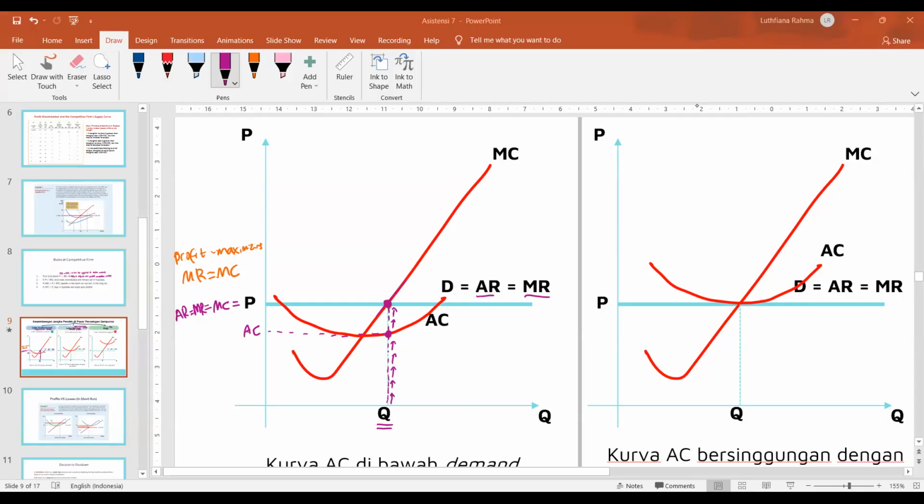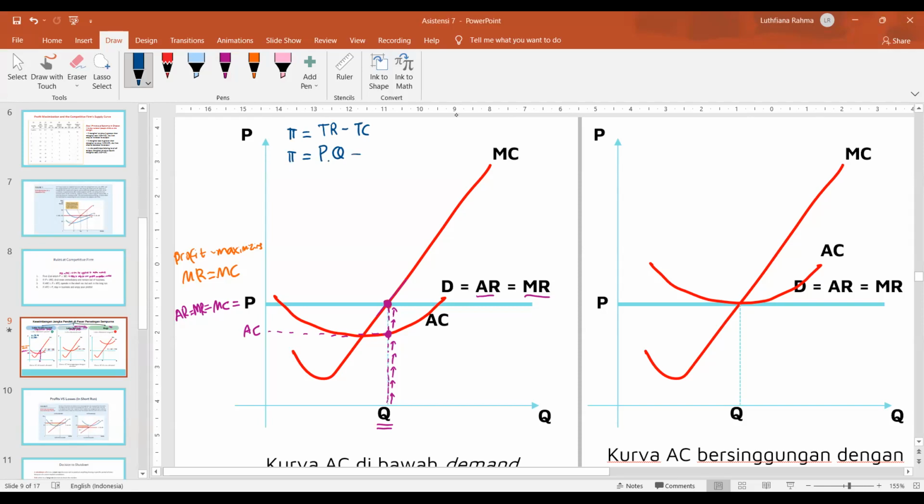We already know that profit is equal to total revenue minus total cost. What is total revenue? Total revenue is price times quantity: the price times how much quantity you sold, and you get the total revenue from selling the goods, minus the total cost.